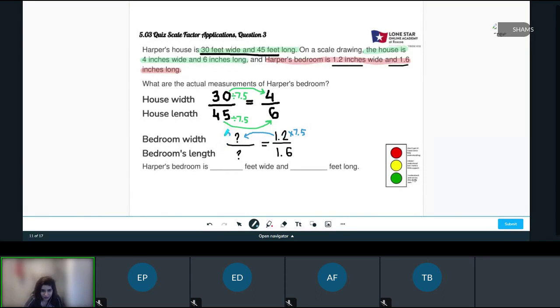If you want, you guys can also multiply and tell me how much do you guys get. So I figured out that the bedroom is going to be 9 feet wide. From 1.6 to this missing actual length, I will also multiply by 7.5. And when I multiplied by 7.5, I got an answer that was 12. So it is going to be 12 feet long. 9 by 12 will be the actual dimensions of the room.